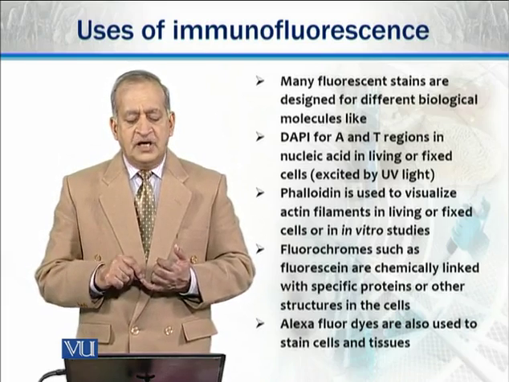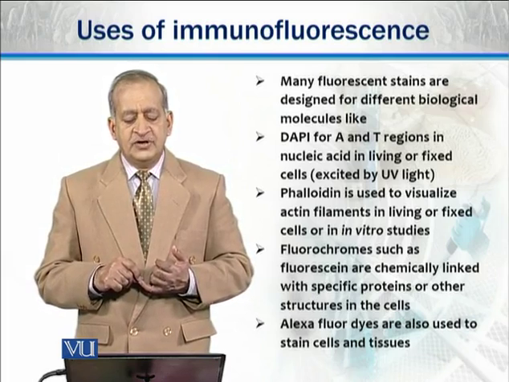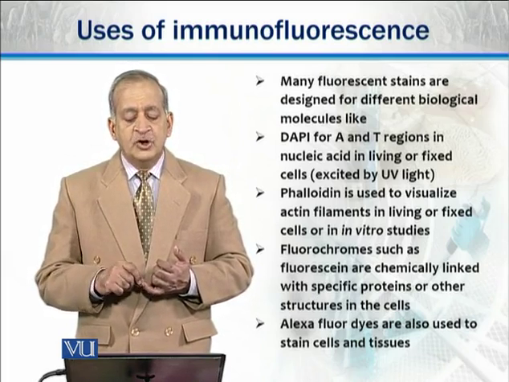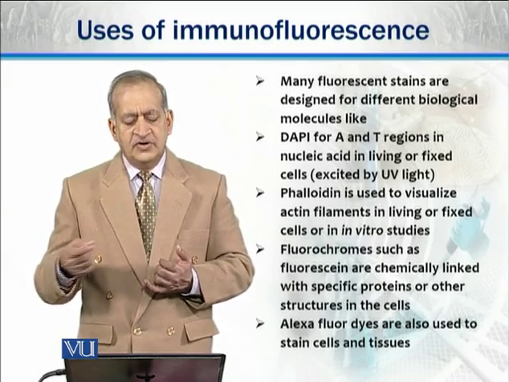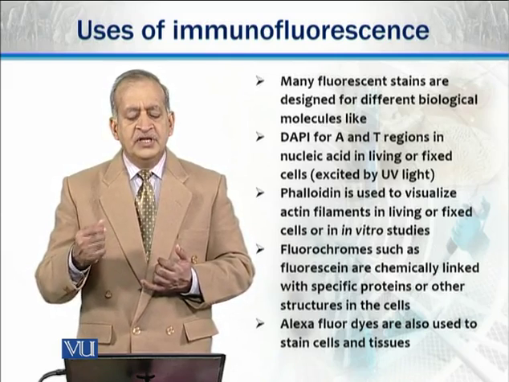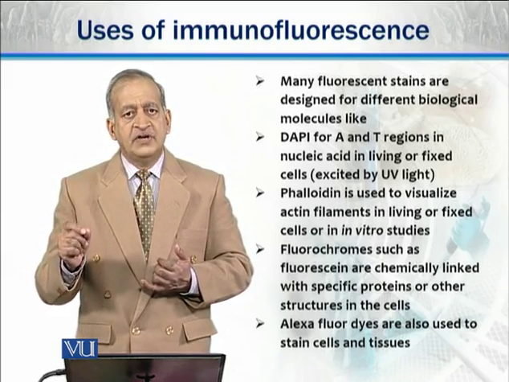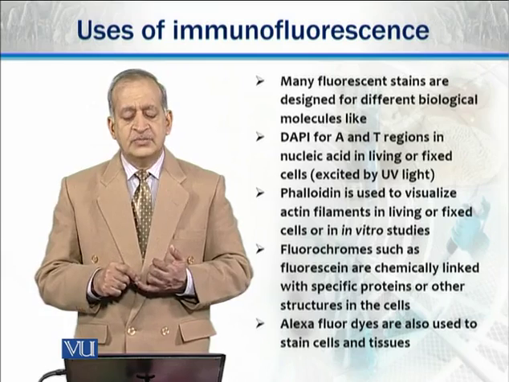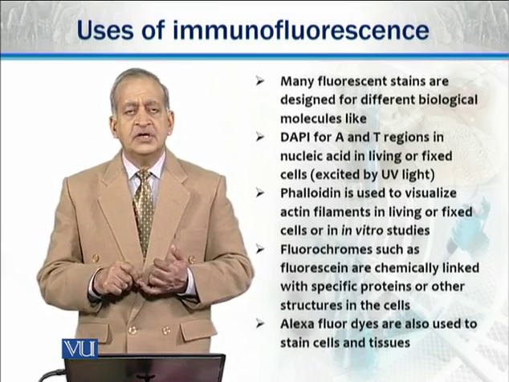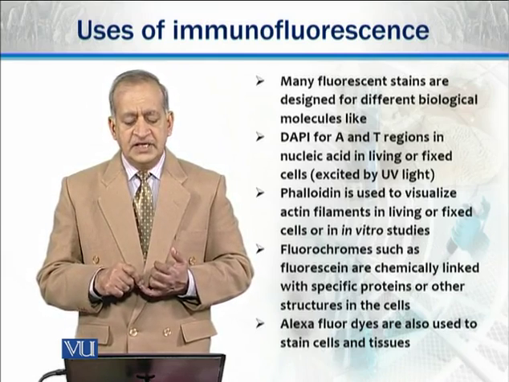For example, DAPI is specific for adenine and thymine regions in nucleic acids in living or fixed cells, and when we say they are targeted by these, it means they are excited by a particular wavelength, here in this case by UV light. So DAPI is specifically used for nucleic acid staining.